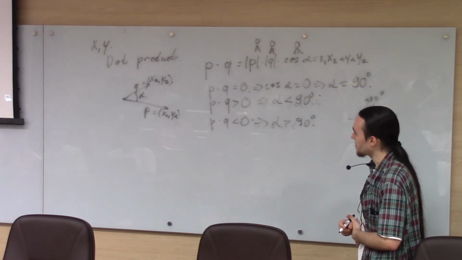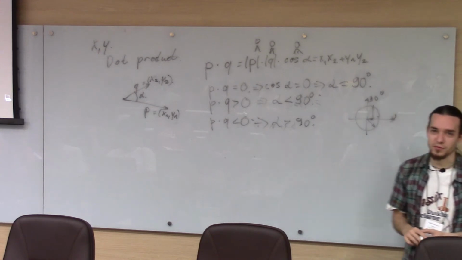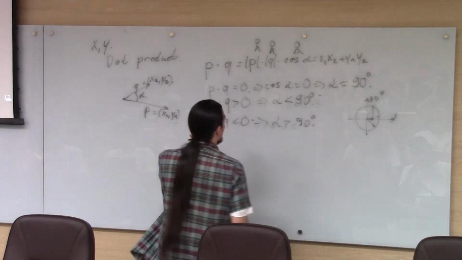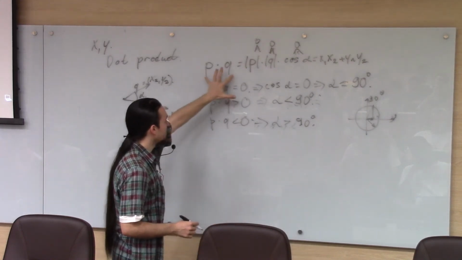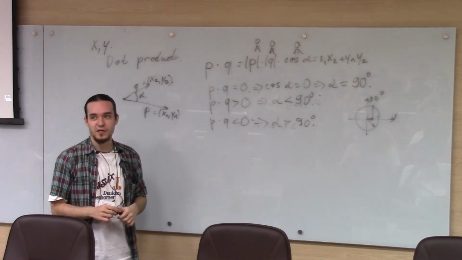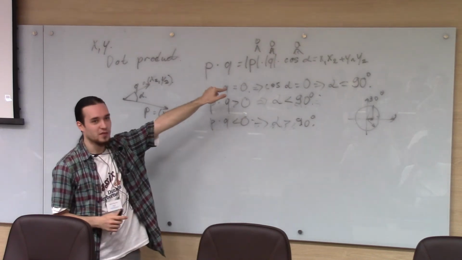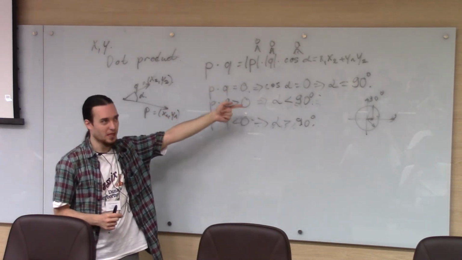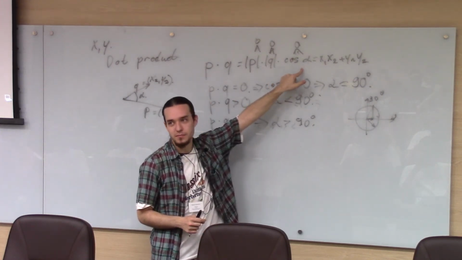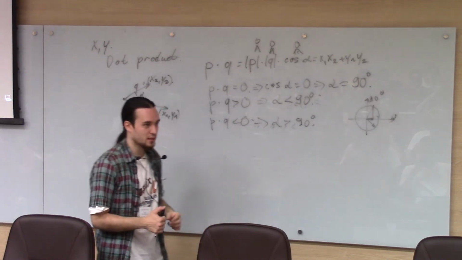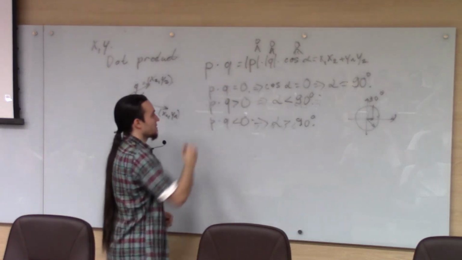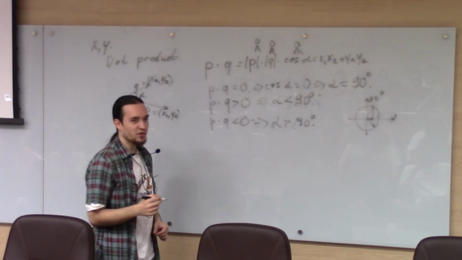Okay, so some other properties of the dot product which are kind of convenient is that we can prove that, well, obviously this is a commutative function. So P times Q is equal to Q times P, because basically you just exchange, well, the angle stays the same, right? And the length also stays the same. Okay, so we can also see that this is a distributive function.